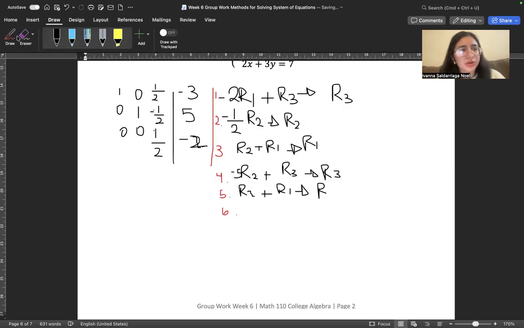It's row 3, sorry. I made a mistake. It's row 3 plus minus R3. This will be minus 1/2. And if you sum these numbers, this will be 1, this will be 0, and this will be 0.